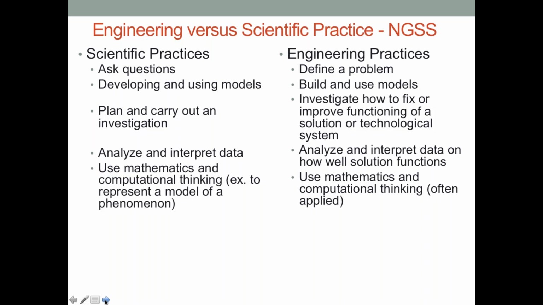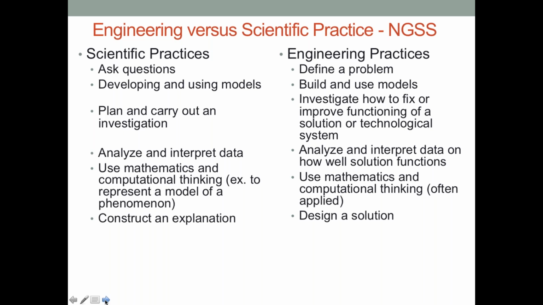Oftentimes, scientists are using them to represent a model of a phenomenon or explain a relationship in a phenomenon that they're observing, whereas engineers often use applied mathematics and computational thinking in order to work out the parameters of their design or something like that.